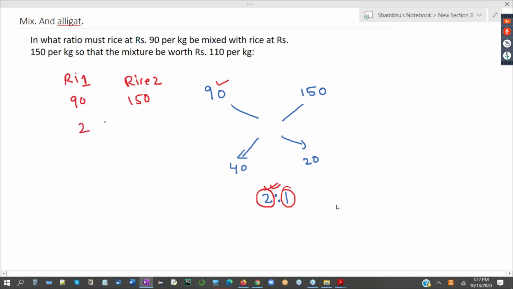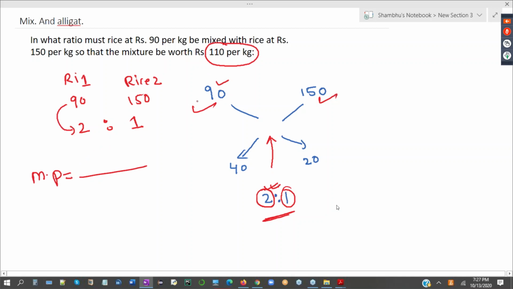You found it is mixed in 2:1 ratio. So by using these values, I will find out the mean price, and I must get a mean price of 110. This is verification. So you have to find out the mean price like this.